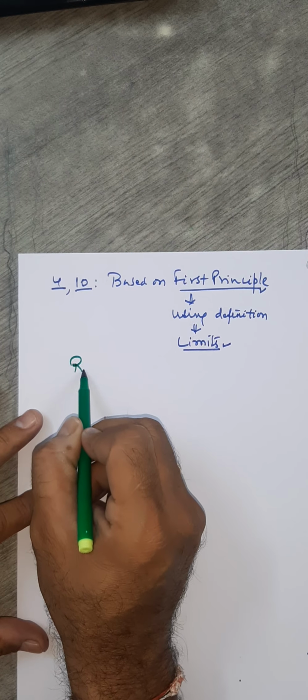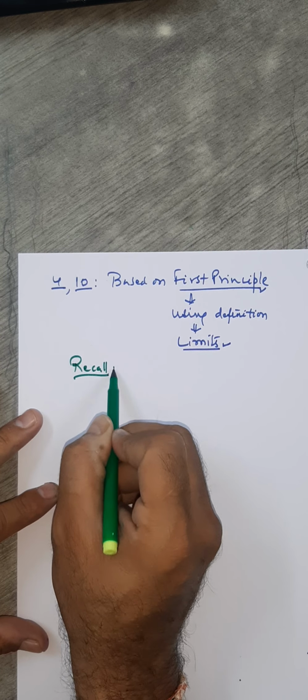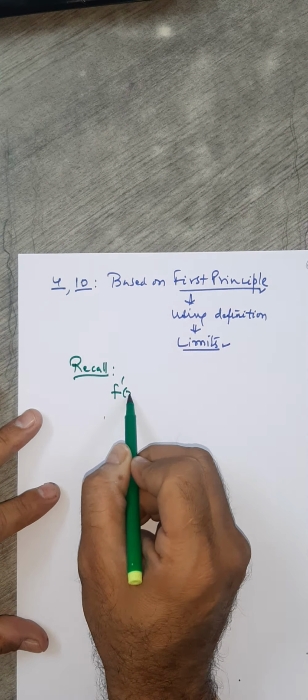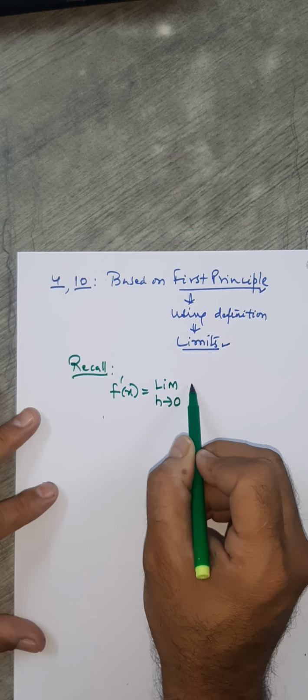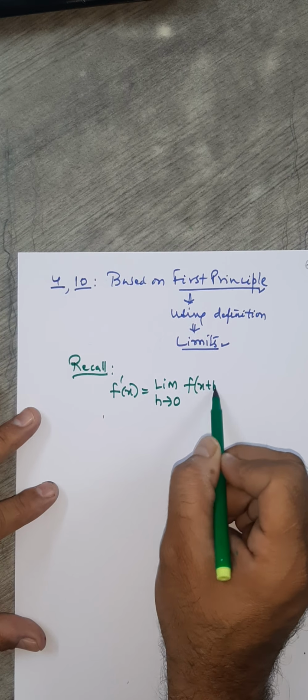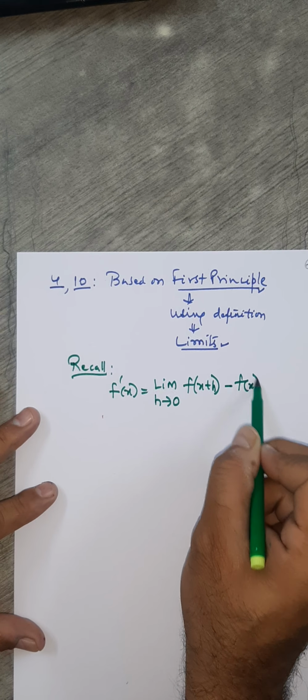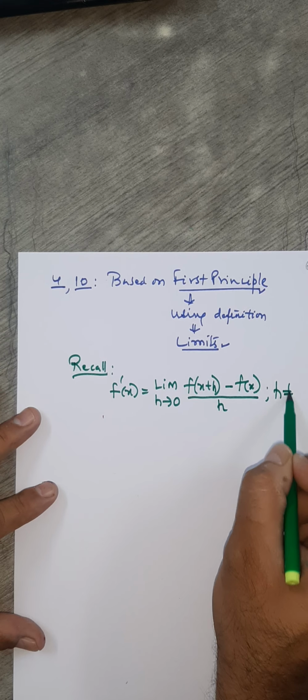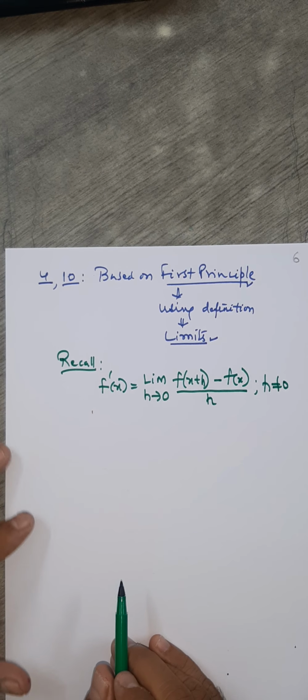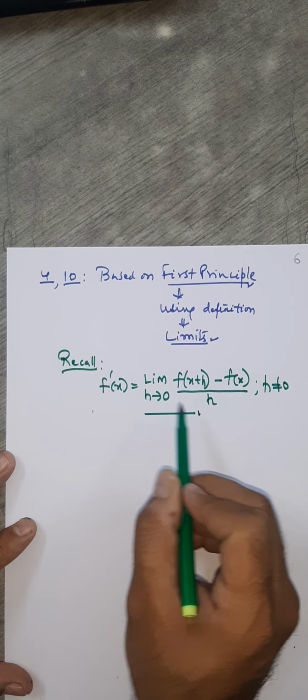So if you recall, f dash x is this limit h tends to 0, f of x plus h minus f(x) upon h. This is the definition. So we are going to use this in both these examples.